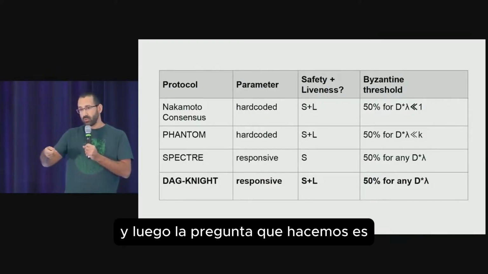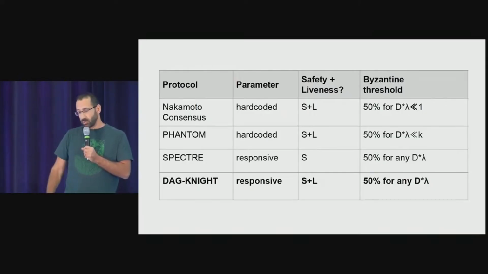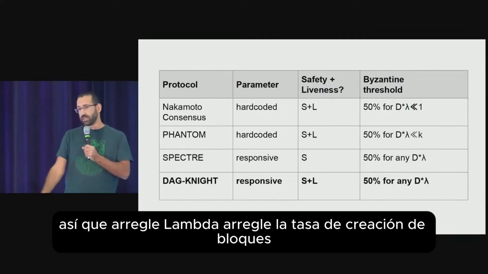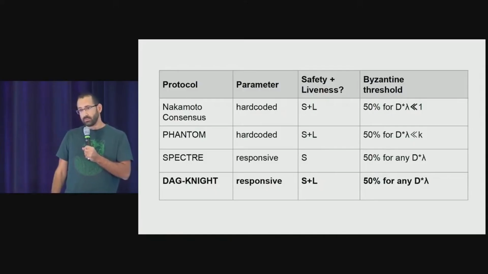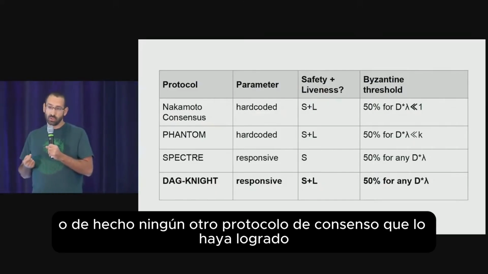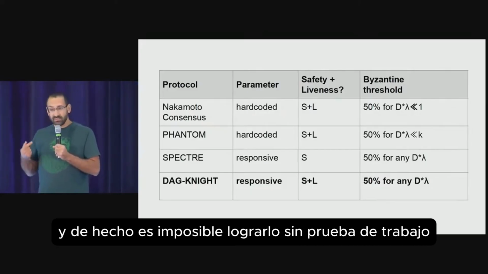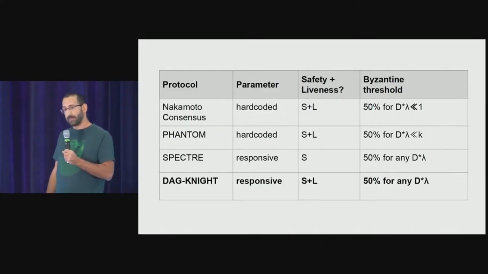And then the question we ask is, is the protocol secure for any latency? So fix lambda, fix the block creation rate, and now devise a consensus protocol that is secure for any D. And we argue that there's no proof of work, or indeed no other consensus protocol that has achieved it, and it's in fact impossible to achieve without proof of work. Thank you.